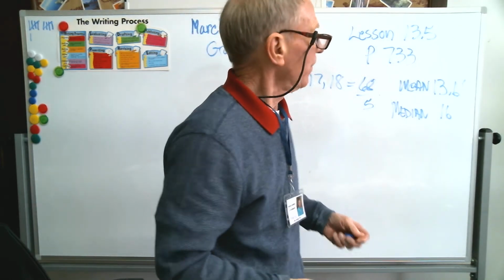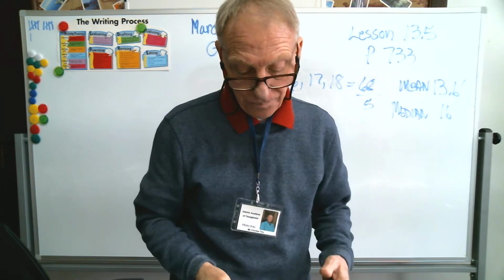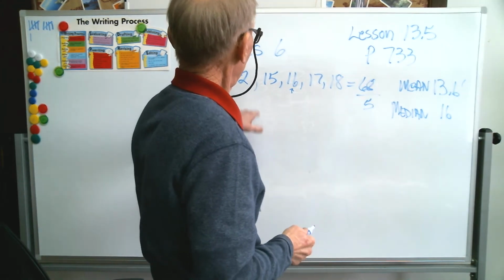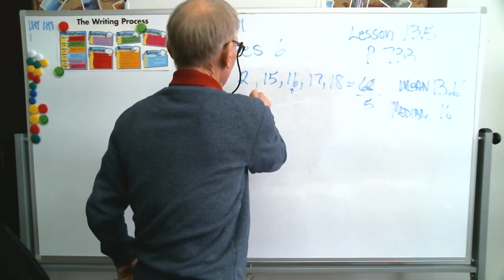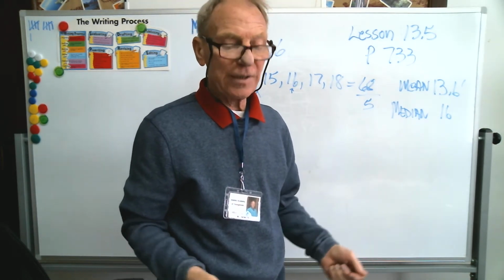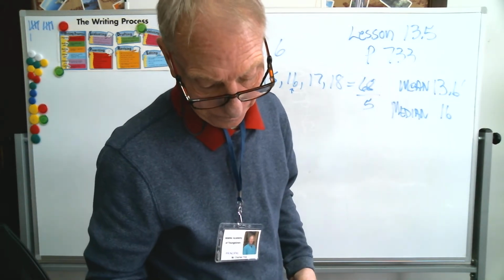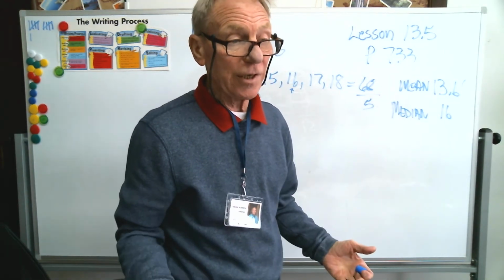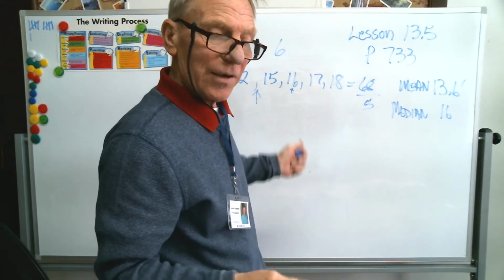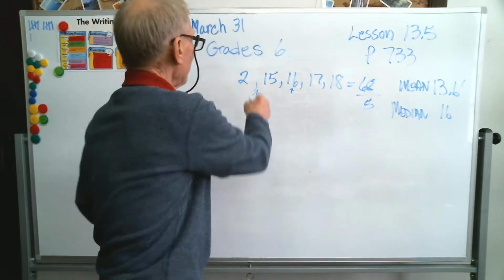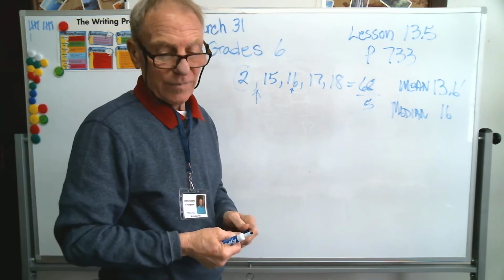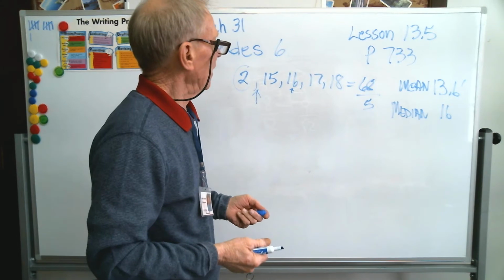Our mean, 13.6, is less than 4 of those numbers in the data set, so that's not a good determination of the value of this. And the reason is because we have an outlier. 2 is way to the left of the rest of the number set.